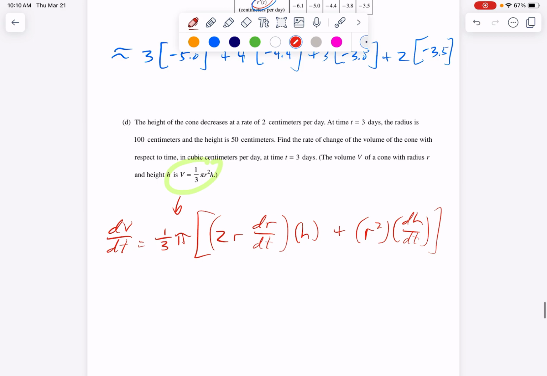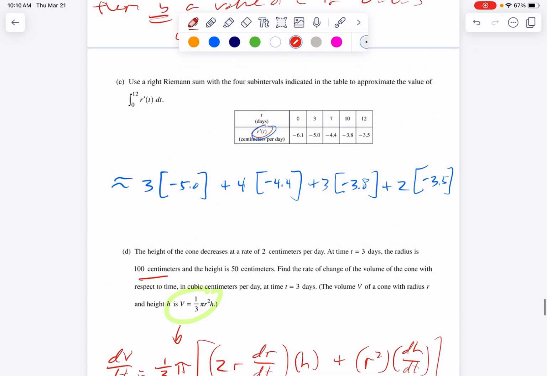Now let's see how many specifics we have. At t equals 3, right, so I will label that that's what I'm doing. At t equals 3, the radius is 100 centimeters. dr dt is r prime, right?